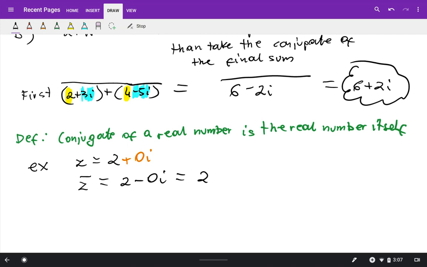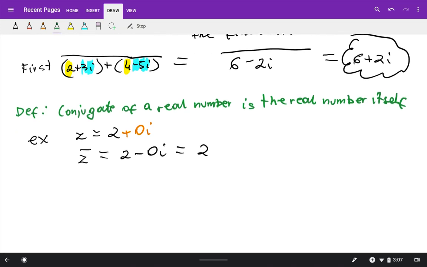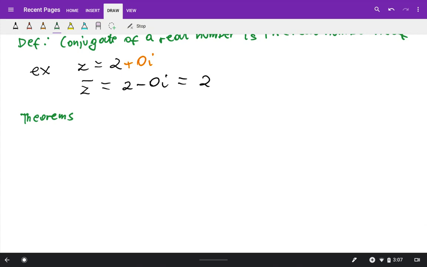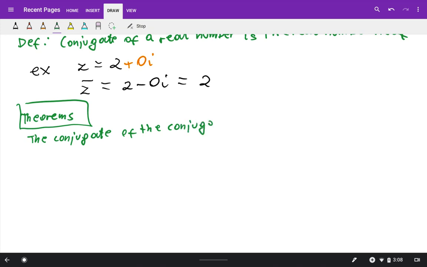There are a couple theorems which you guys need to know. So let me give you the theorem. There's an entire section about complex numbers, so just stay with me. Theorem: the conjugate of the conjugate is the complex number itself.